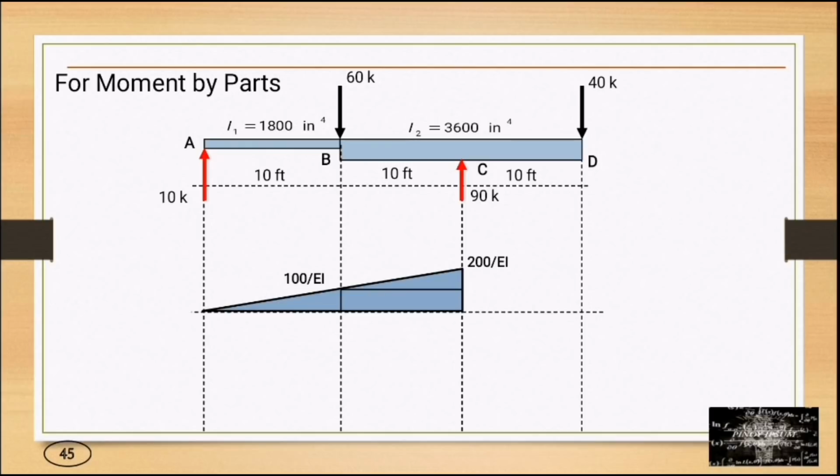Then the trapezoidal shape, we can divide into a triangle and a rectangular shape. For the 60 kips load, it is a triangle, so we have negative 600 over EI. Then for the 40 kips load, we have negative 400 over EI.